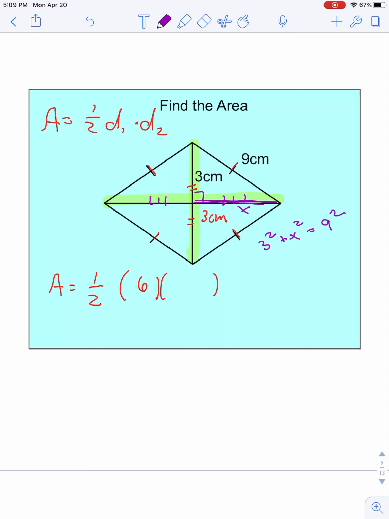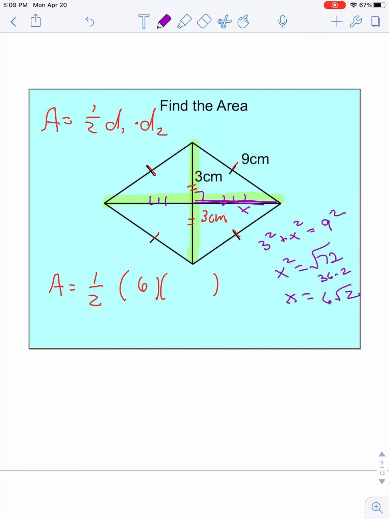So now when I subtract the 9 from the 81, I get x squared equals 72, so x is the square root of 72. And if I want to put that in simplest radical form, remember 72 is 36 times 2. Take the square root of each one. So I'm going to get 6 root 2.